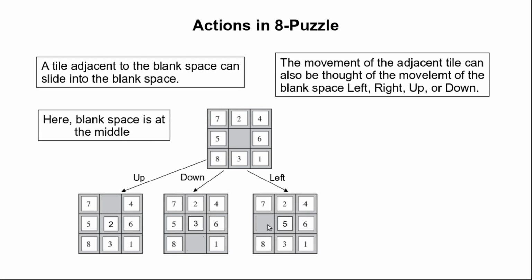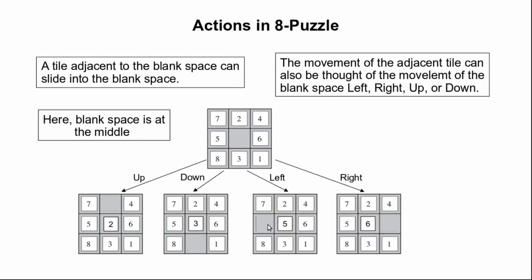And if we move the blank space to the right, then this would be the new configuration of the board. So in this particular state, 4 different actions can be performed, and the resultant configuration for each of the moves is shown in the diagram.